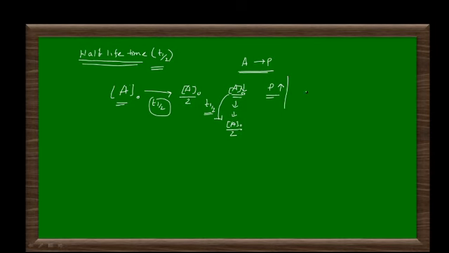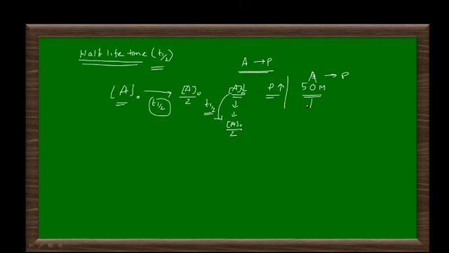Suppose for a reaction A goes to P, you have initial concentration of A 50 mole per liter or 50 molar solution.